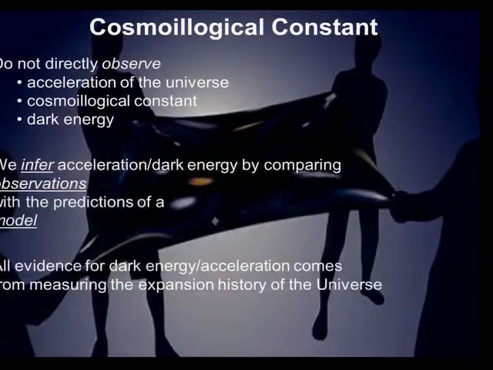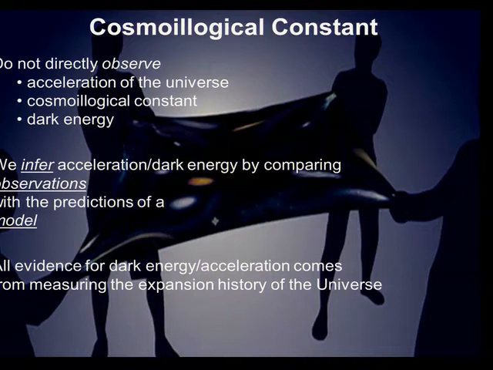So the simple explanation of the observations in terms of a cosmo-illogical constant is a bit puzzling. But we have to remember that we do not directly observe vacuum energy. We do not directly observe the acceleration of the universe. We do not directly observe the cosmo-illogical constant.